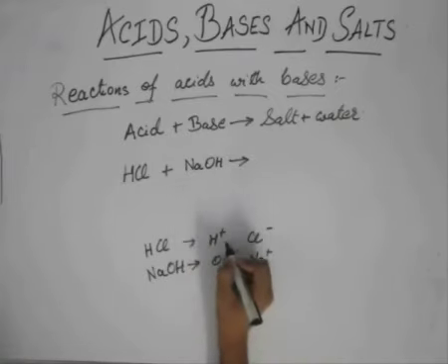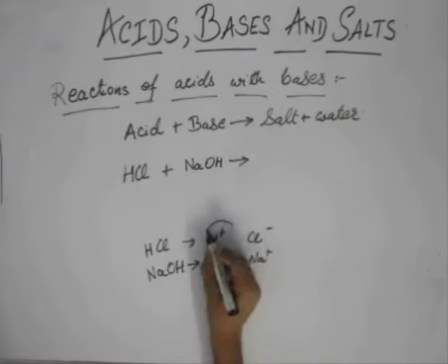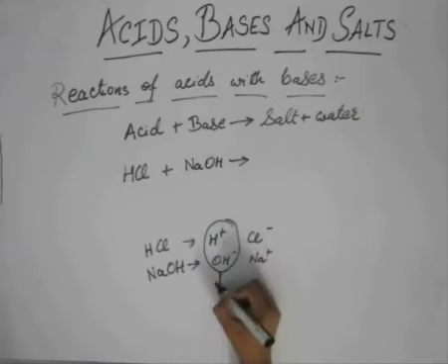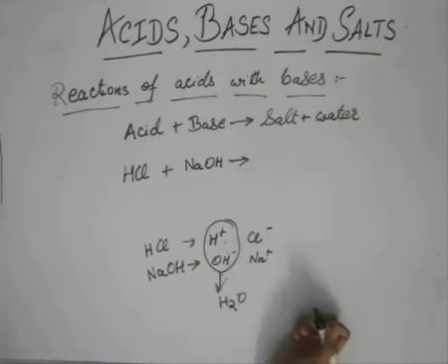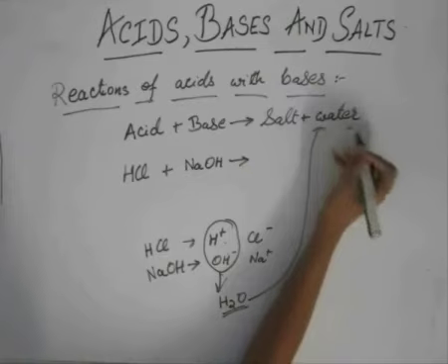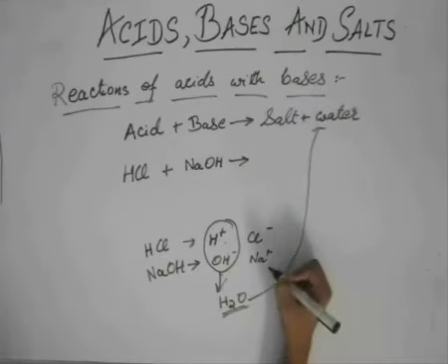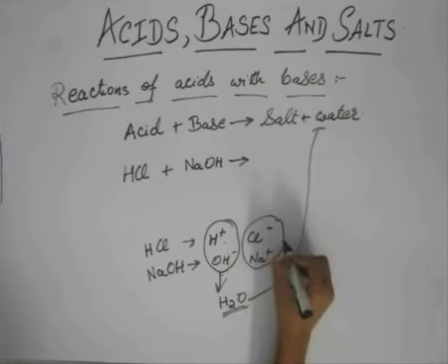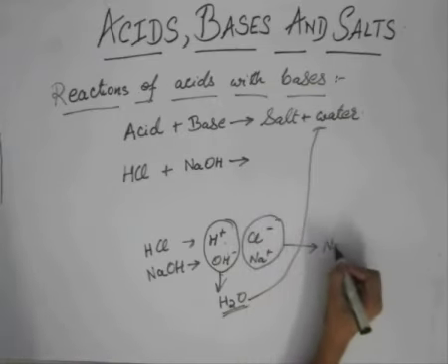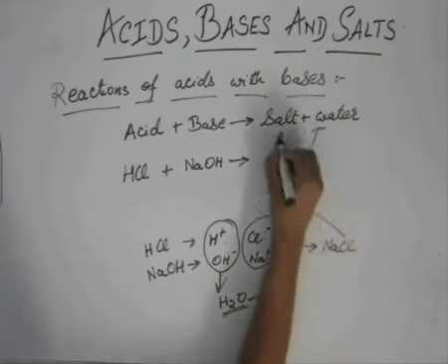When you make them react, these four types of ions will be present in one solution. So this H+ and this OH- will come together and react to give H2O, and this is the water which is formed. And this Na+ and Cl- will give you NaCl, which is your salt.